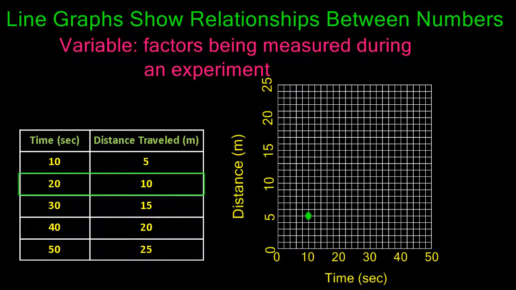The second data set is highlighted in green. In 20 seconds, the object moved 10 meters. So this time, we need to move over 20 seconds on our x-axis, and we need to move up 10 meters on the y-axis. This gives us our second data point here.